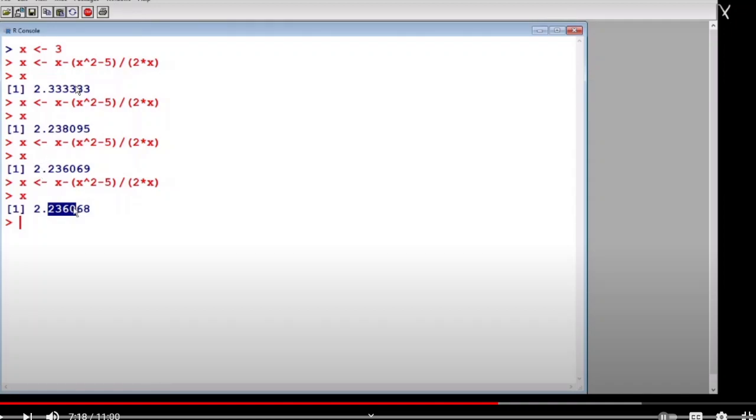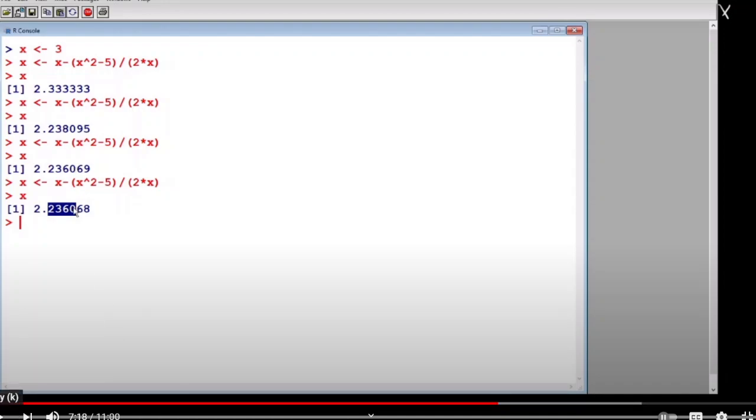That's x0, that's x1, that's x2, that's x3, that's x4. From x3 to x4, you see the first 4 decimal places are not changing anymore. If I want you to round the answer to 3 decimal places, the answer is going to be 2.236, because the first 4 decimal places are not changing anymore.